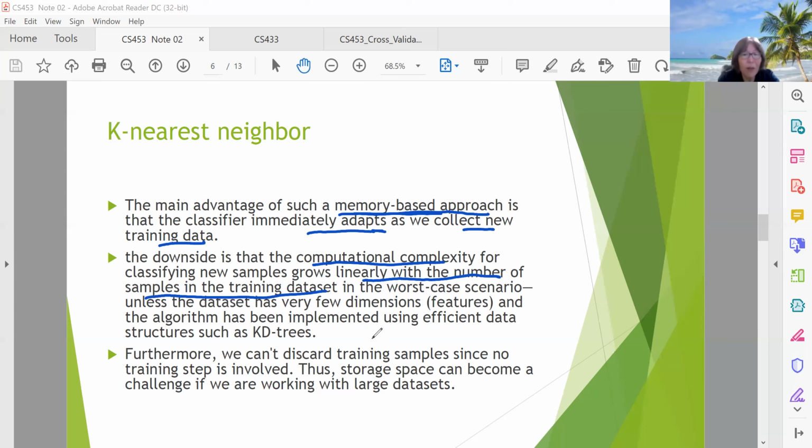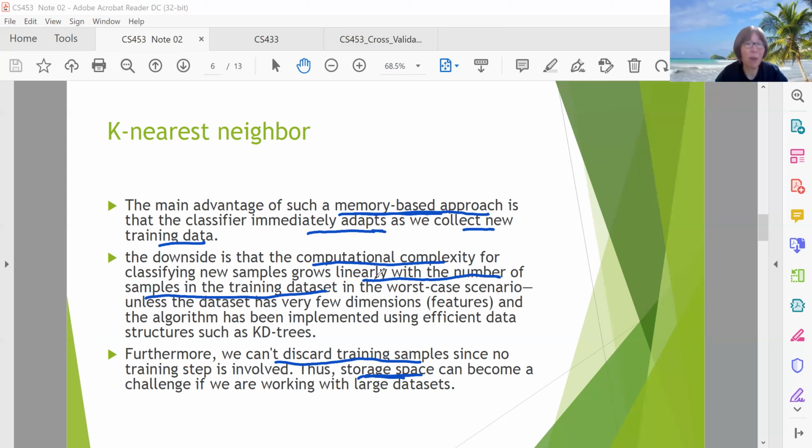The other downside is that it cannot discard the training samples, because you need to consider the neighbors. So all of the data needs to be in memory, and storage space can become challenging when we work with large data sets.